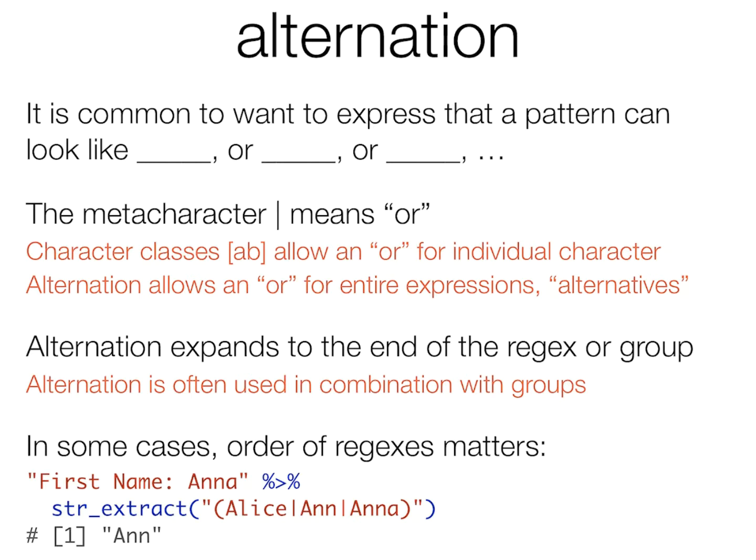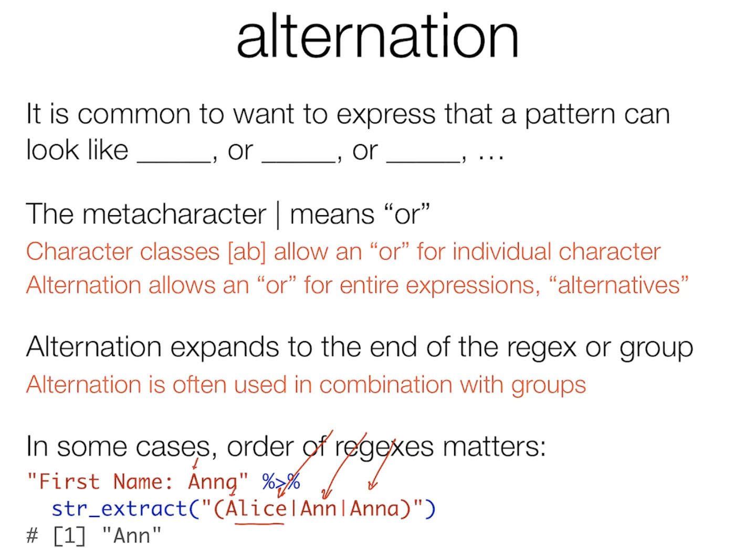So for example, here I have first name Anna, and it's piped into str extract Alice pipe Ann pipe Anna. So this is saying pull out something called Alice, called Ann, or called Anna. Now, notice in this case that Alice is first. So what's going to happen is it's going to rifle through, it sees the A here, and it says, okay, I matched that A there, I'm going to keep going.